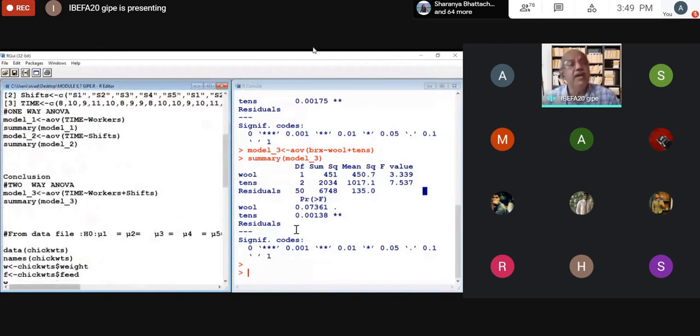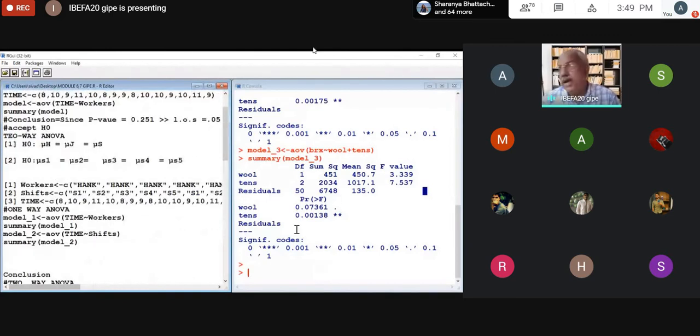Like workers. Workers are different. They are independently working on the shift. So the values are worker and the shift. Joint effect of worker and the shift. Correct? Yes, sir.